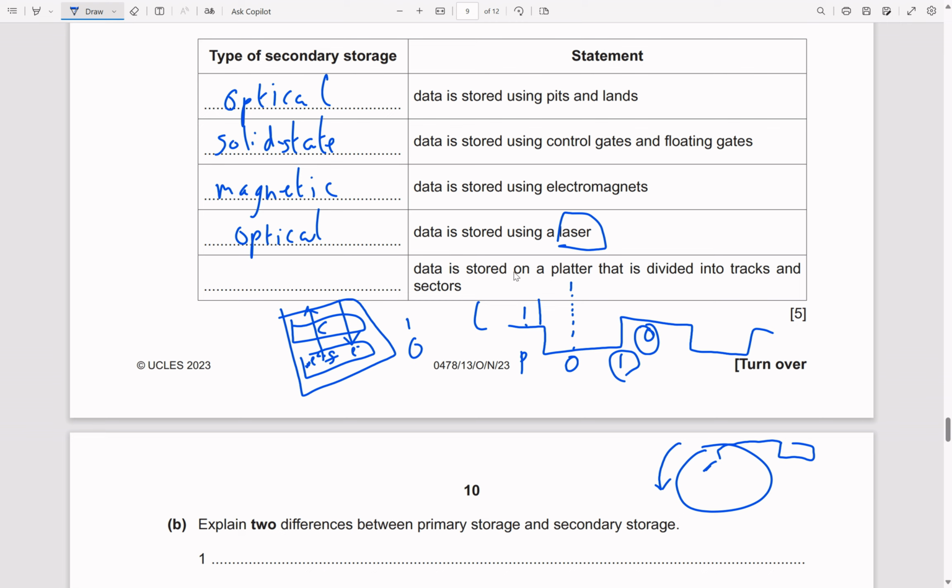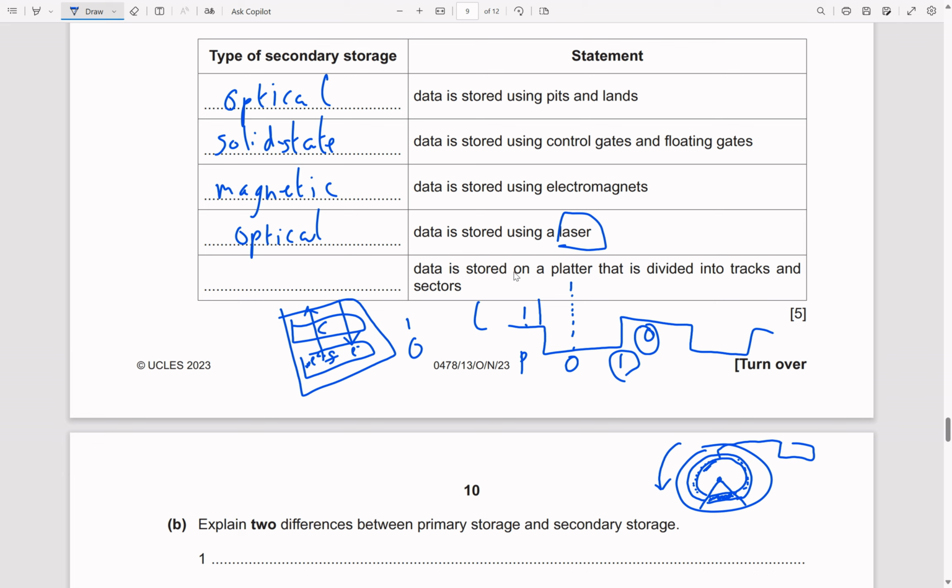So that's going to be this last one then. Data is stored on a platter that's divided into tracks and sectors. Basically, think of a circle with a center. A sector would actually be, for example, this blue one here. And a track is the whole thing all the way around, so this dotted one would be a track.